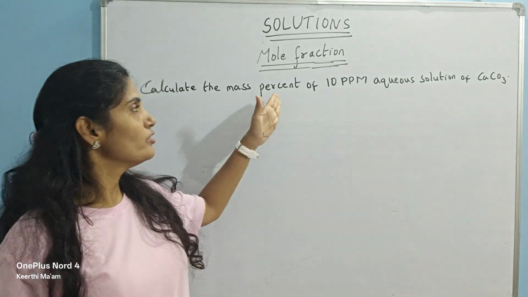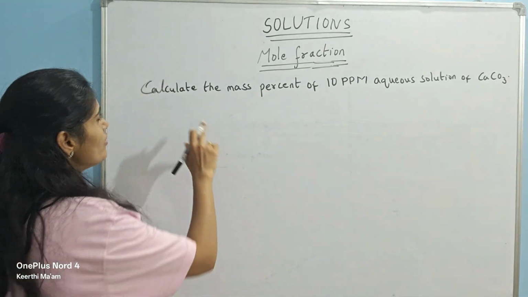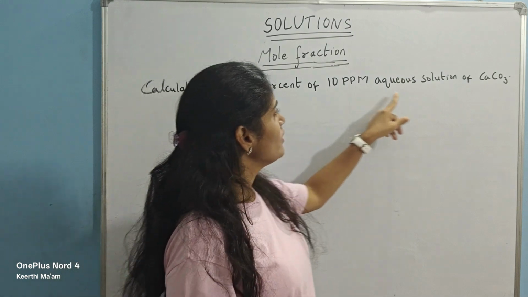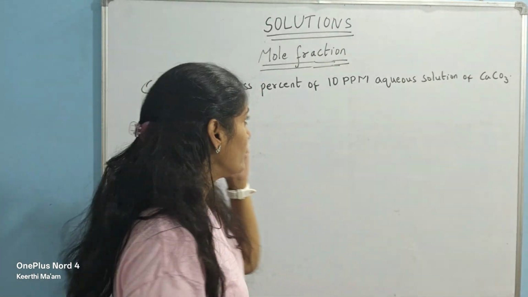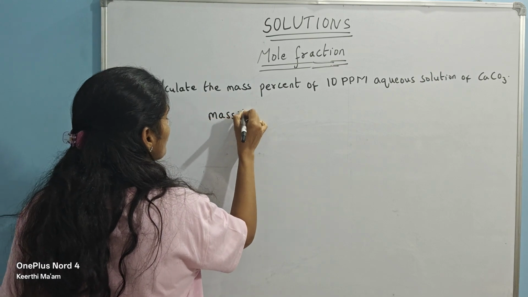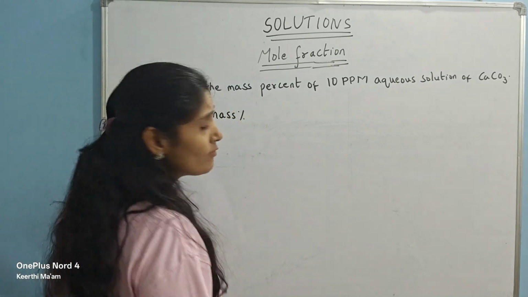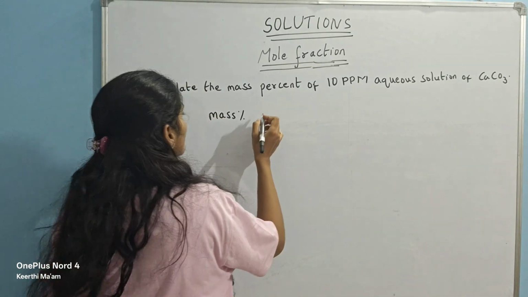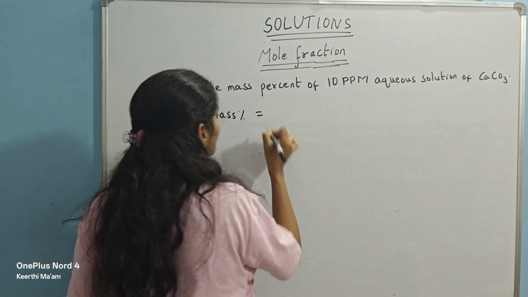We have one more concentration term here, which is mass percent. We need to calculate the mass percent of a 10 ppm aqueous solution of calcium carbonate. So what will be the formula of mass percent?